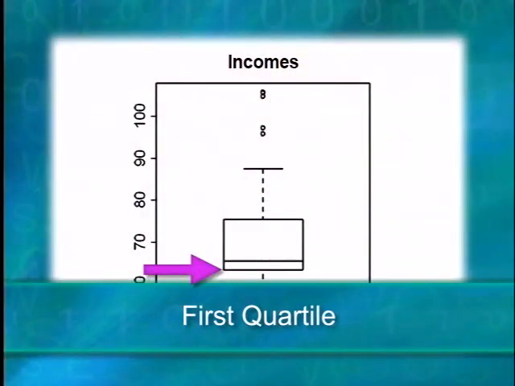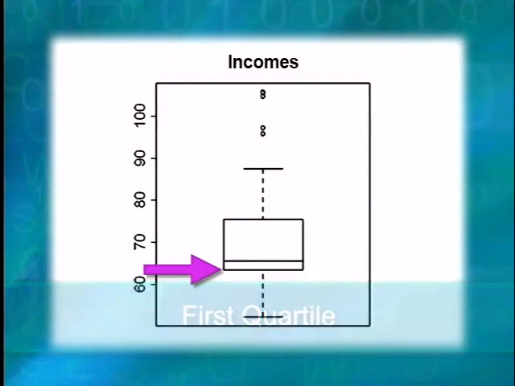The value of the person who earns, putting them in order, 25% up is called the first quartile. So we have the first quartile, which is 25% of the way up. In this case, the first quartile is the 157th item, which is $63,480. So that's called the first quartile.